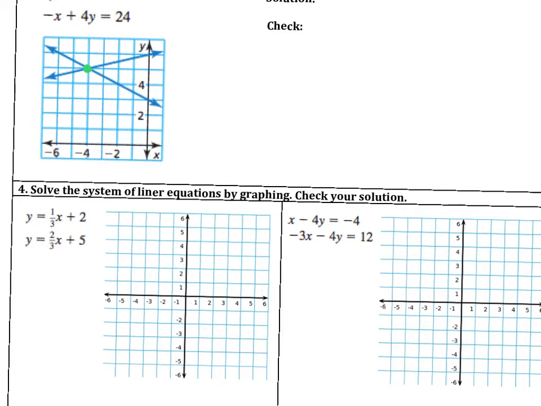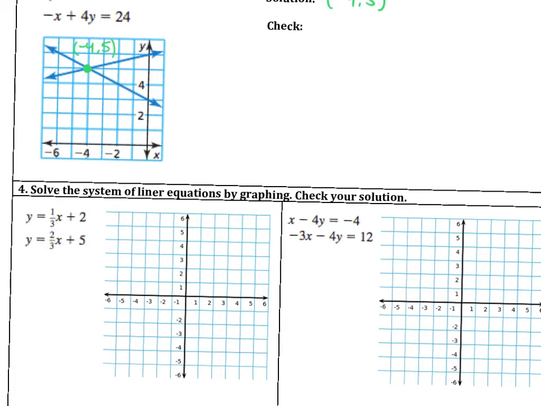So my solution is right here at negative 4, 5. And I want to check if that's true because it's hard to tell on a graph. It may not be 100% accurate depending on how you draw your lines. So it's always a good idea to check. I'm going to plug in negative 4 for x and 5 for y.